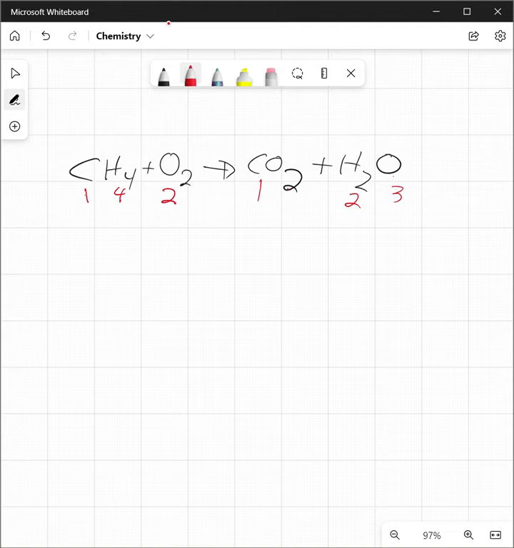Okay. So it's kind of a bit of an art. So we need more hydrogens on the right, correct? Yes. So let's go ahead and do that by increasing the amount of water by a factor of 2, right? Now I have 4 hydrogens.